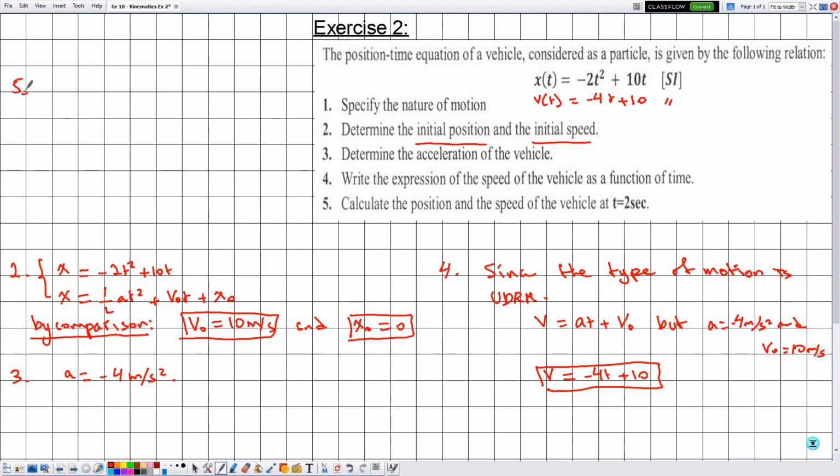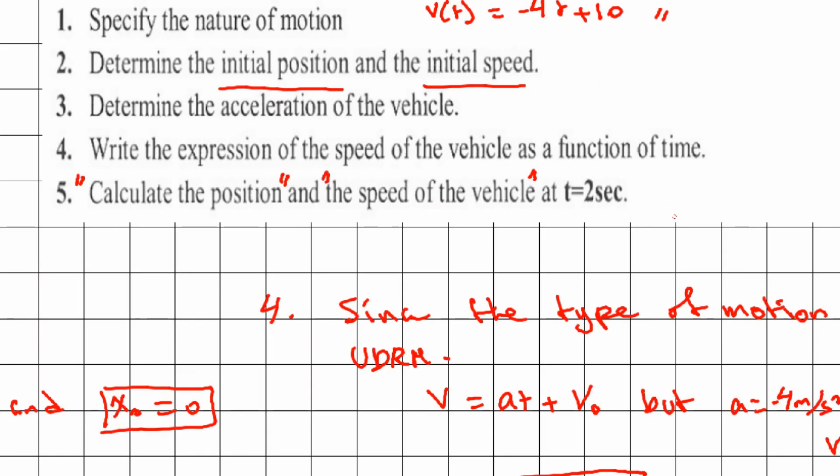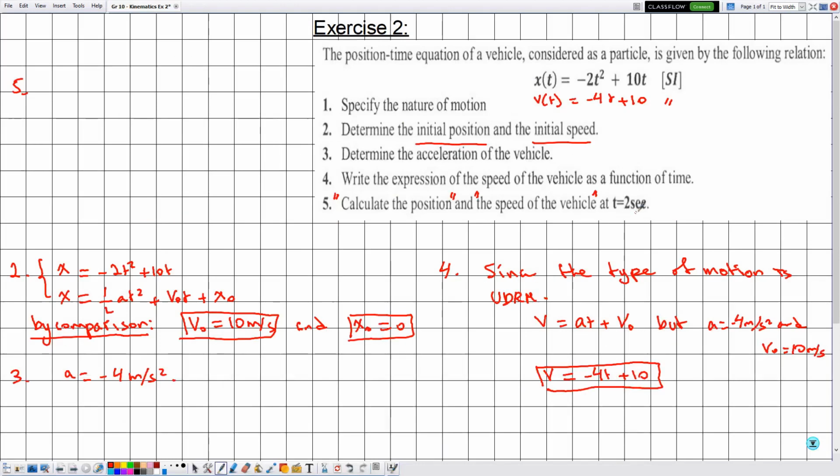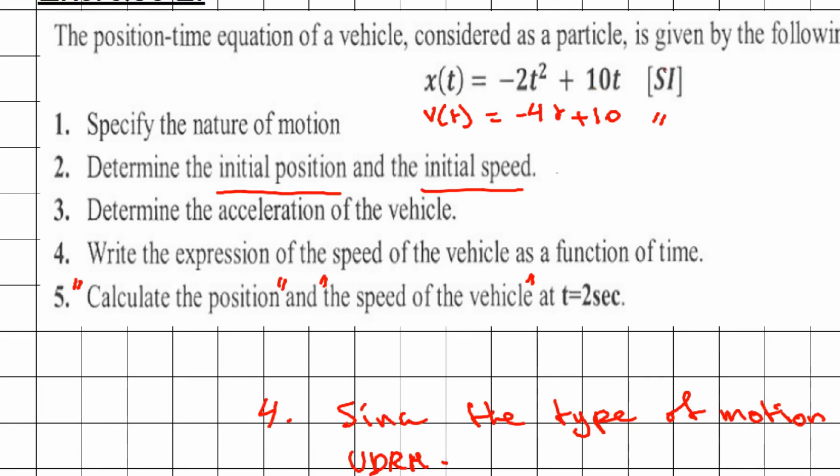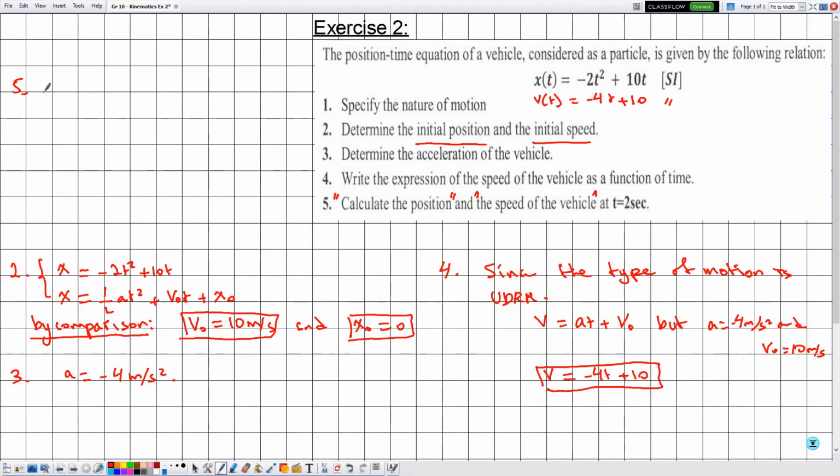Now as for number 5, calculate the position. Let's split this number into two parts. We need to calculate the position and the speed of the vehicle given that t is equal to 2 seconds. If we need to calculate the position knowing that the time is given, we need to refer to one of these equations. Since we are interested in the position, we will refer to the given equation since we know the time.